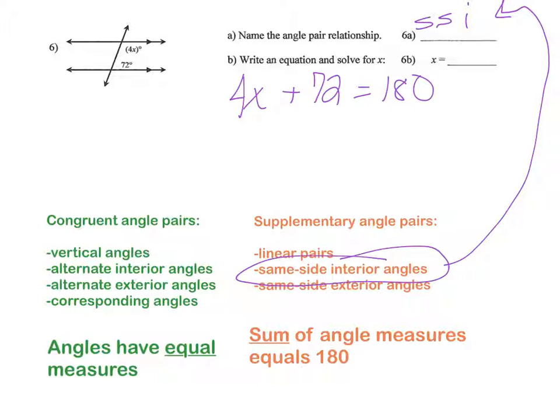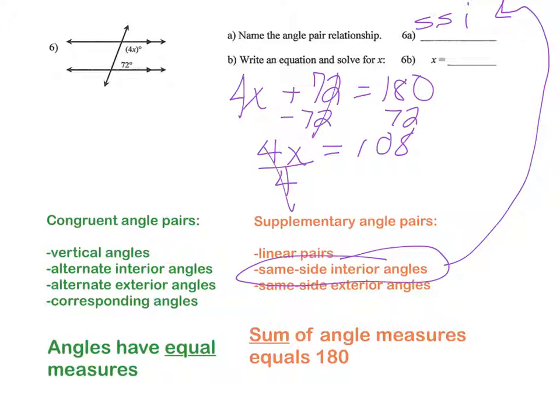All right, so now we can just solve this two-step algebraic equation, subtract 72 from both sides, and then we're left with 4x on the left. And when we subtract 72 from 180, we're left with 108. All right, so now we want to divide both sides by 4.